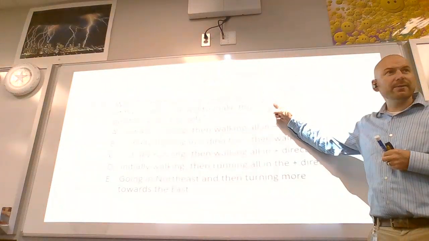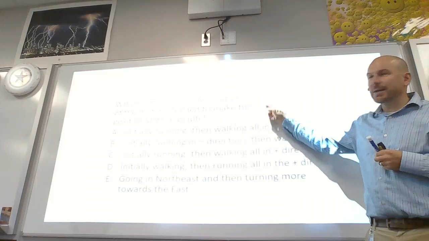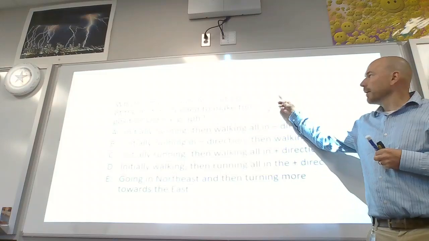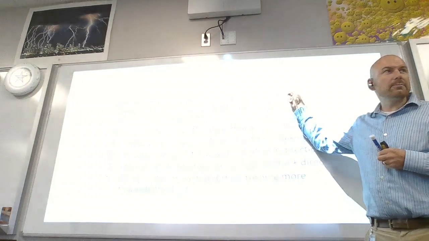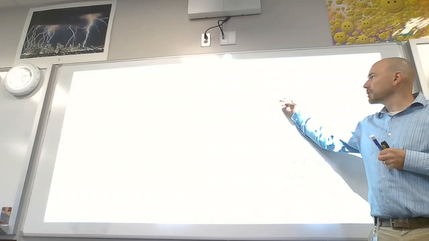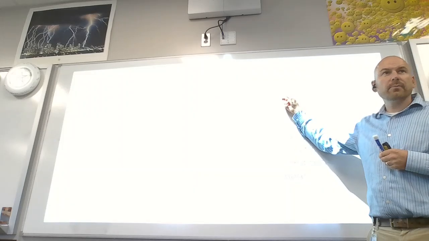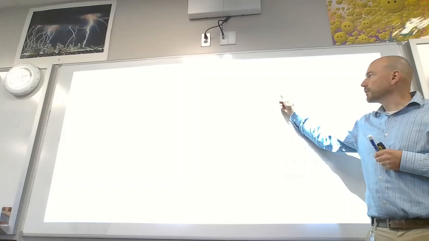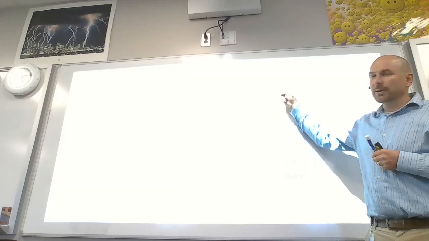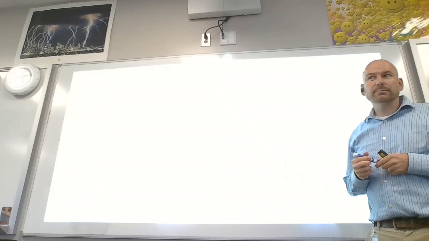So you're going fast in the positive direction. Is this a positive or negative slope? Positive. Steep or shallow? Shallow. So you're going fast or slow? Slow. So you're going here, going slow in the positive direction. Good with that?